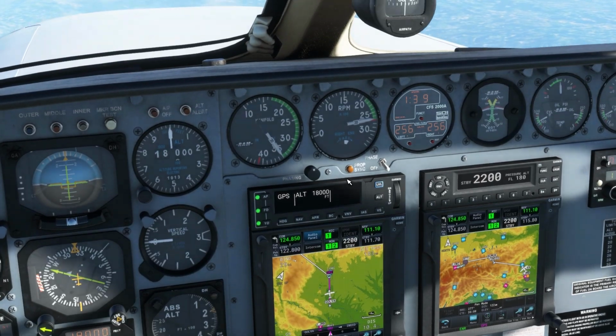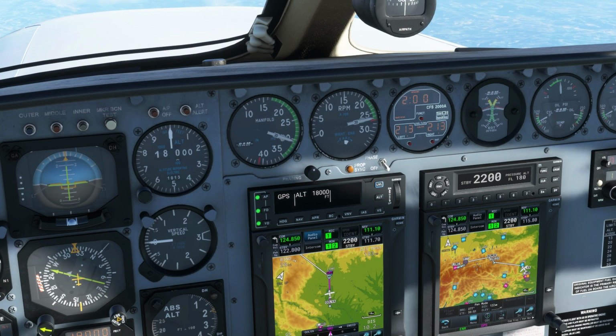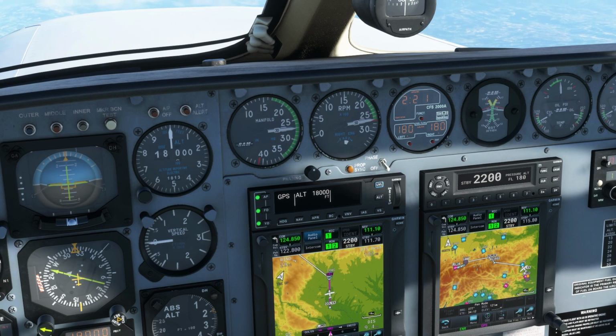So let's go to 27 inches. And now let's go to 2100 RPM.